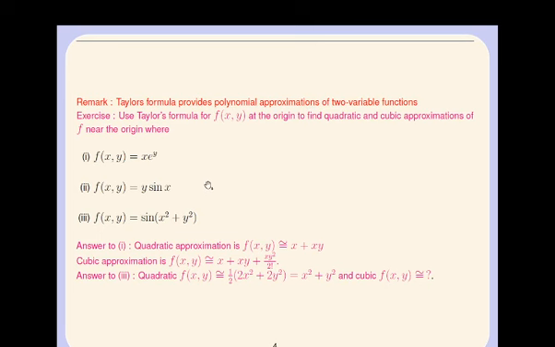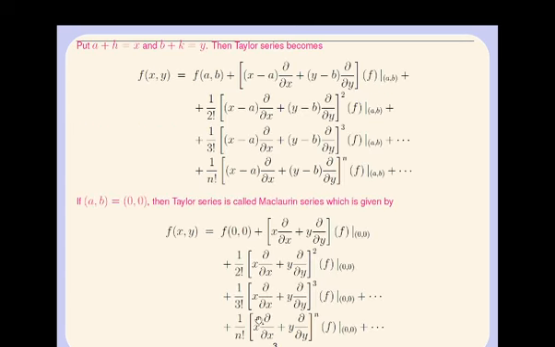Because when you truncate your series, truncate means suppose from 1 by 3 factorial into this expression onwards, suppose I am ignoring.